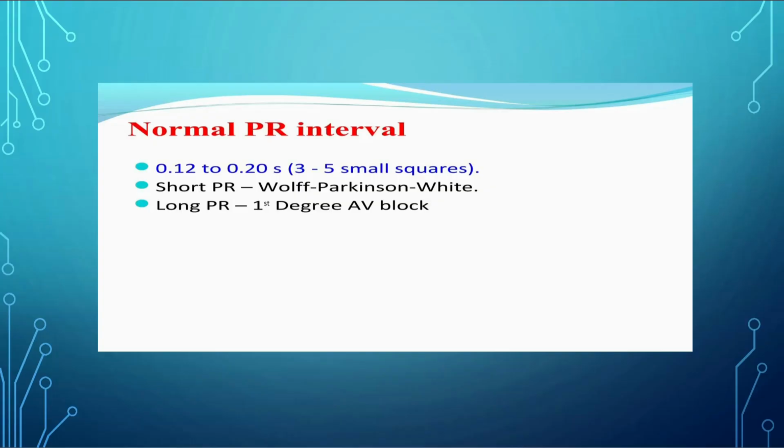So, this is also a conduction defect. So, that is long PR. You will be seeing it in first degree AV block, and in WPW you will be seeing a short PR interval. Normal PR interval is 0.12 to 0.20 seconds.